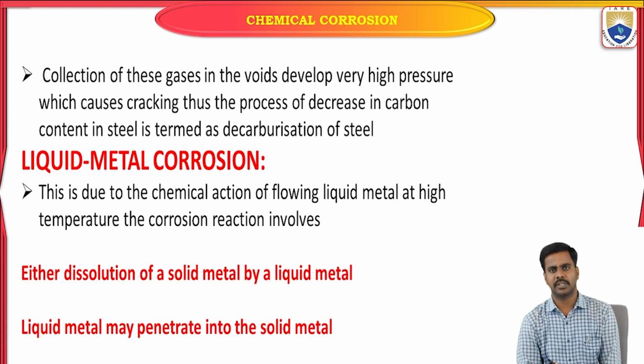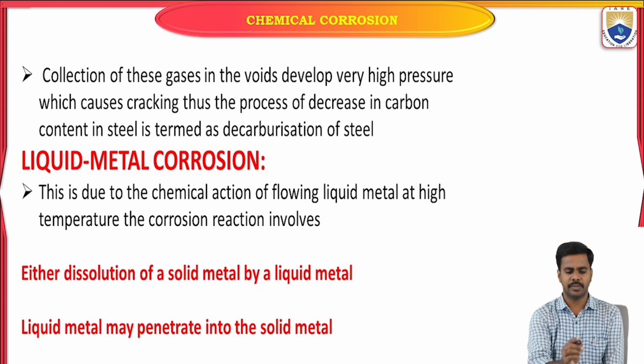There are three types of dry corrosion processes: oxidation corrosion, corrosion by hydrogen, and liquid metal corrosion. In oxidation corrosion, the metal reacts with oxygen present in the environment, so due to the attack of oxygen, a metal oxide film is formed on the surface of the metal.